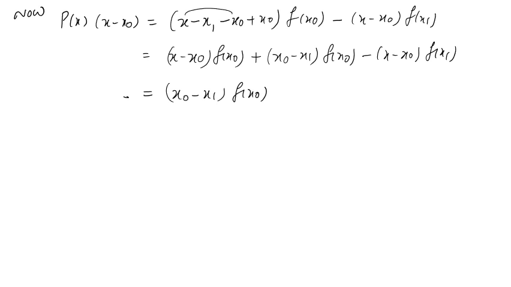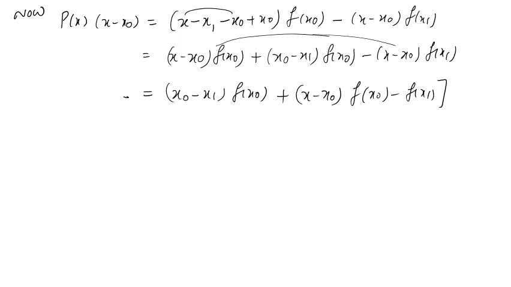right, and in these two terms the common is what, x minus x naught is common, and this becomes what, f of x naught minus f of x1, right, and what is this value, p of x into, and what is this, x naught minus x1, this is x naught minus x1, right?